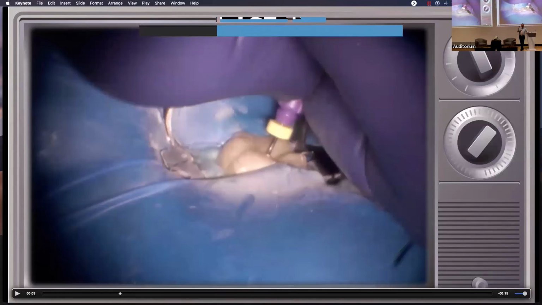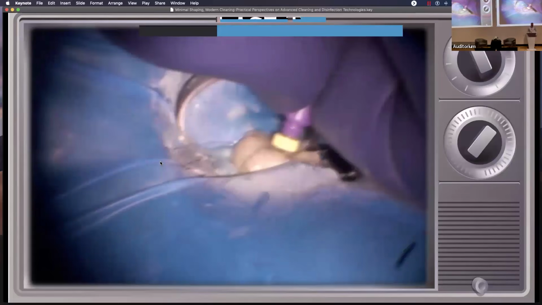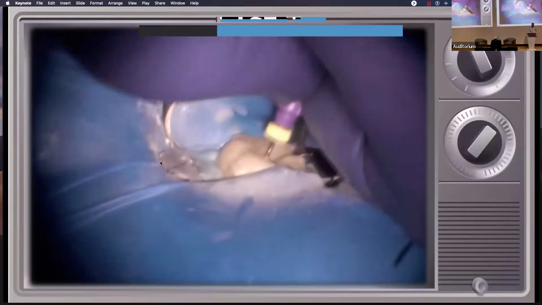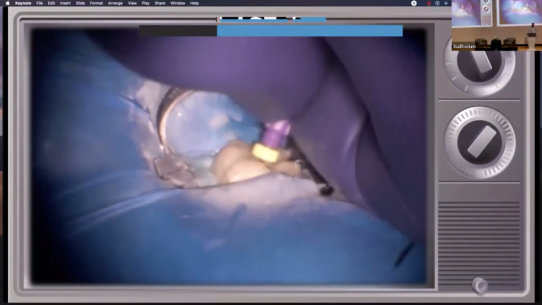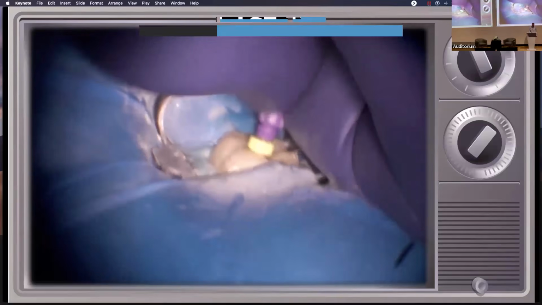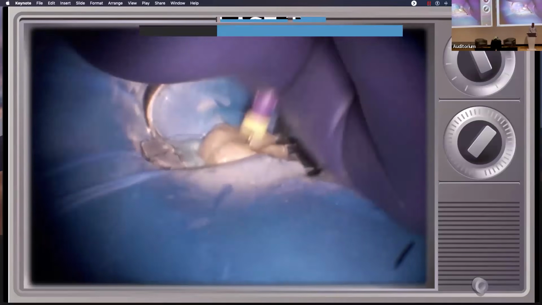I'll do some push-pull filing to loosen that canal up a little bit so that I can go to rotaries more quickly. If the 10 hand file just sails down, I don't bother doing that. But this one I had to work a little bit to get the 10 hand file down. That's going to help the rotary file go to length, and the 10 doesn't really transport, so I'm fine with that.